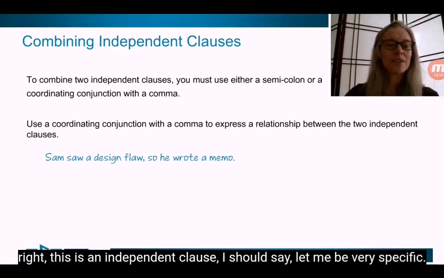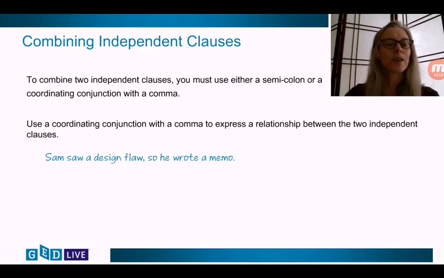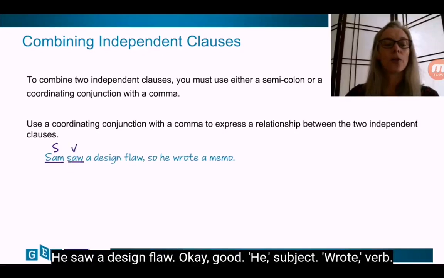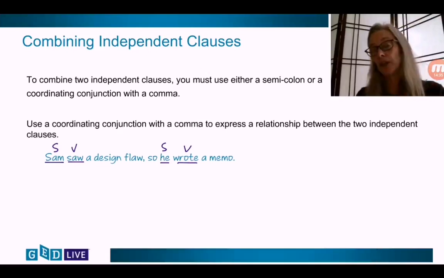Sam is our subject. Saw is our verb, and we know what he saw. He saw a design flaw. Okay, good. He, subject, wrote, verb. We know what he wrote, so this clause communicates a complete thought.